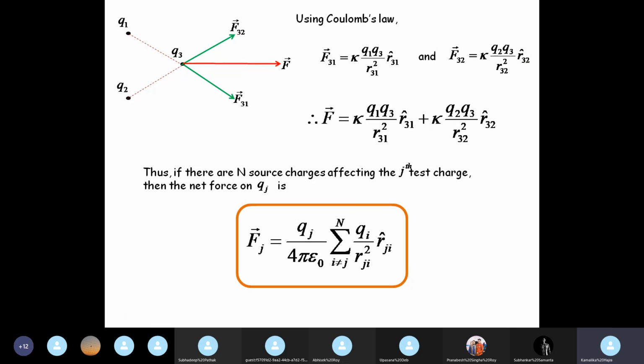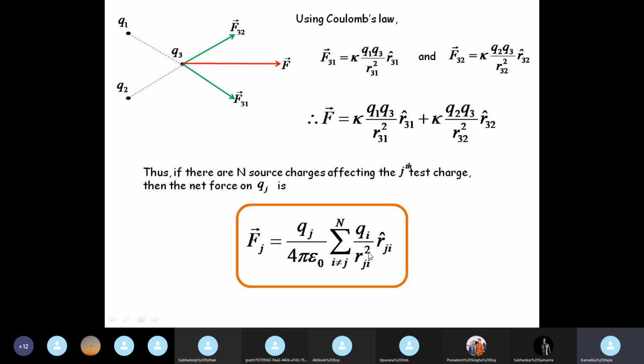All the information that you need is the magnitude of the individual charges and the distance between the test charge and each of the individual source charges. That magnitude you need to know, otherwise you won't be able to compute this. So you have to know the values of all the Rji and the directions so that you can make this vector sum.